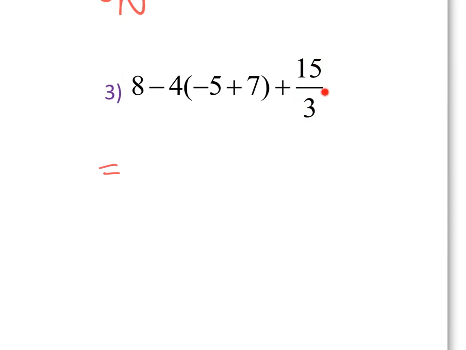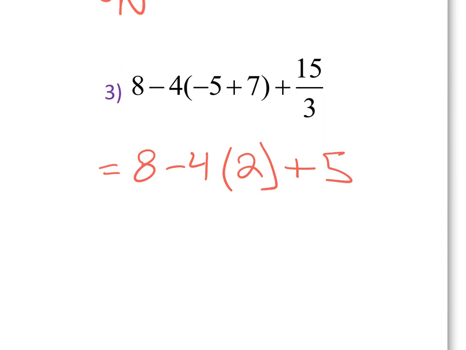With the 15 divided by 3, I can do that on the same step as I do the inside of these parentheses here. So I'm being more efficient when I do that. So I got 8 minus 4 times -5 plus 7 is 2 plus, and then 15 divided by 3, I can do that and get 5.